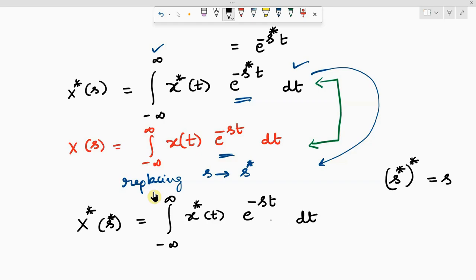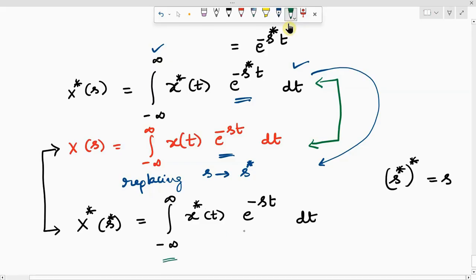Now can you get a comparison between these two? You have the same formula, the same e power of minus st, the same dt. Only the function has changed. So instead of x of t, we have x conjugate of t.